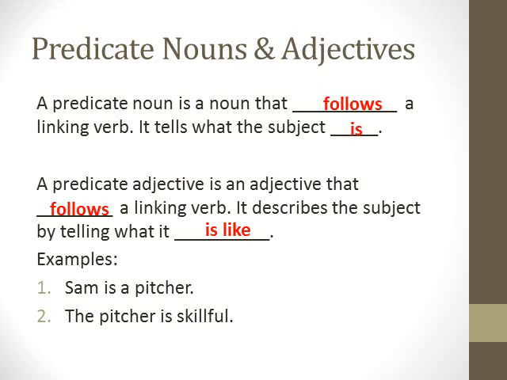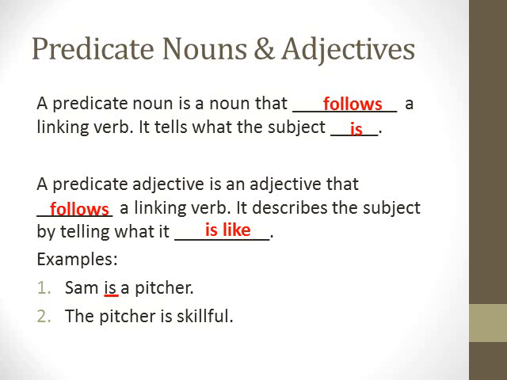So we see in example number 1, Sam is a pitcher. Our subject is Sam. Our linking verb is going to be is. Believe it or not, is a verb, and it is considered a linking verb as well as a helping verb, which we will talk about later. So we are trying to examine and connect the subject to the predicate.